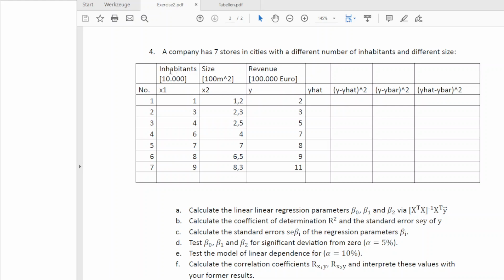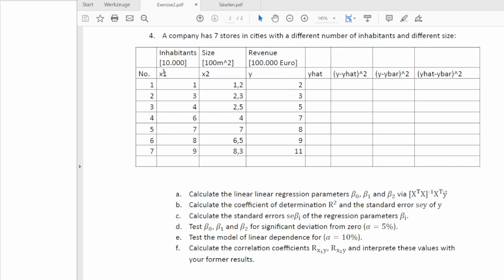And this will then take some time. For this data set, we said that we have a company with 7 stores in 7 different cities, and these cities have a different number of inhabitants, and our stores in our cities also have a different size.